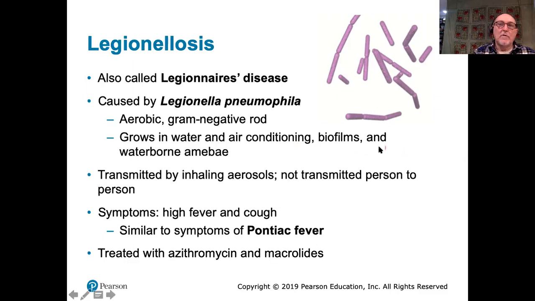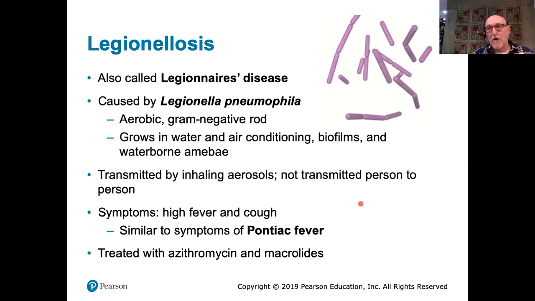Often it will grow, for example in the spring, before the air conditioners are even switched on. And then when the air conditioner is switched on after it's been sitting for a while, it whips up a spray and broadcasts that spray through its ducts, through central air conditioning, and can broadcast this bacterium.